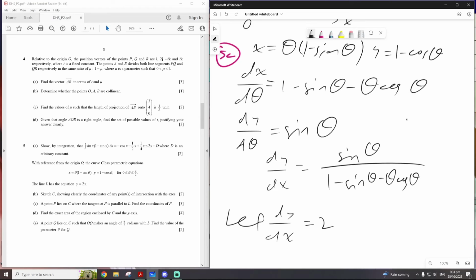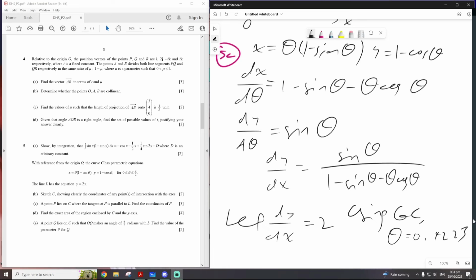Using GC, we have theta equals 0.42230. But we're not done yet, because we need to sub back in to find x and y.